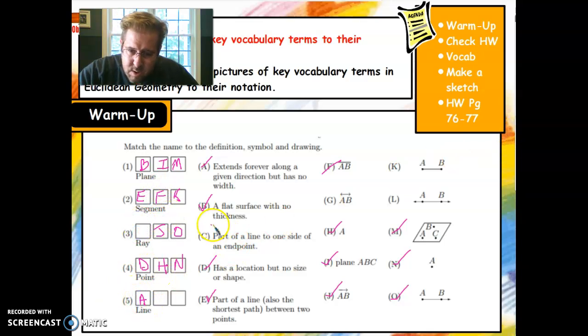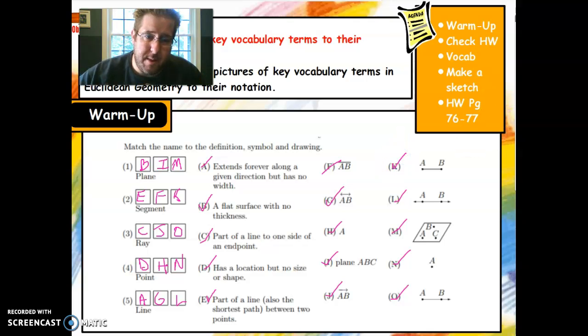So A is our line. C, so I'm thinking of lines, extends in both directions. Did not specify that. That's what threw me off. And goes to one side with an endpoint. That would be C. So a line would be G, and a line would be like L. Then obviously K was a segment. Forgot to cross that one off. Okay, and there we go.